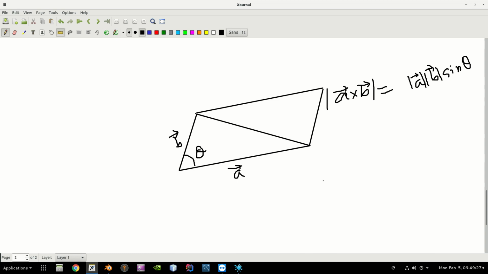So the magnitude of the cross product is the area of the parallelogram that these two vectors will encompass, and the direction, if you need to get the direction, because the result of cross product is a vector, it has a direction, will be the surface normal standing on the surface defined by vector A and B. Okay.